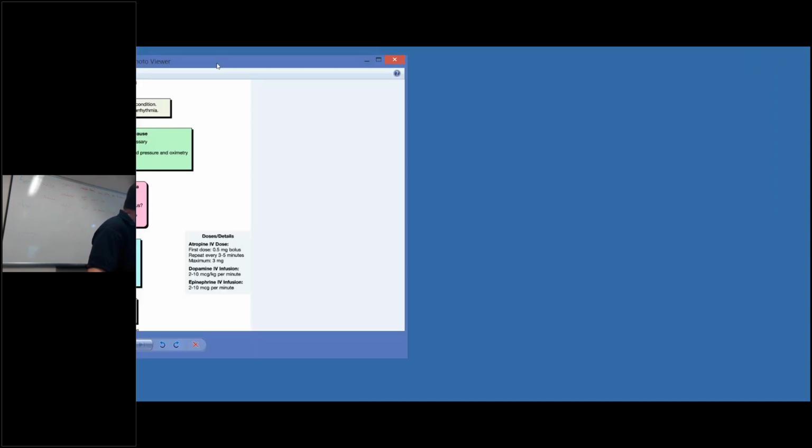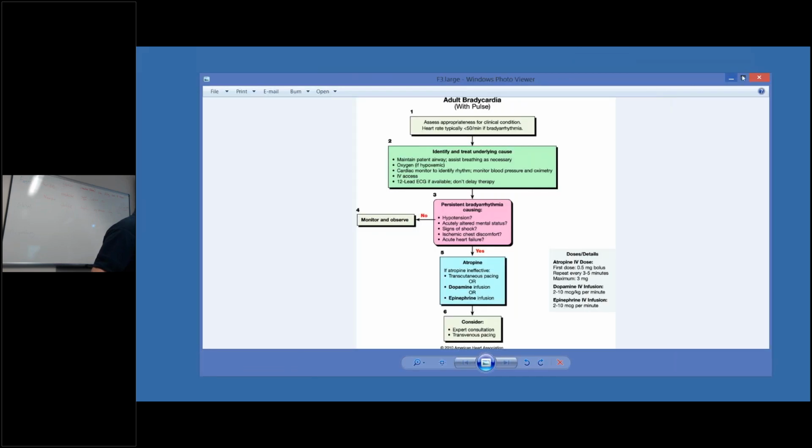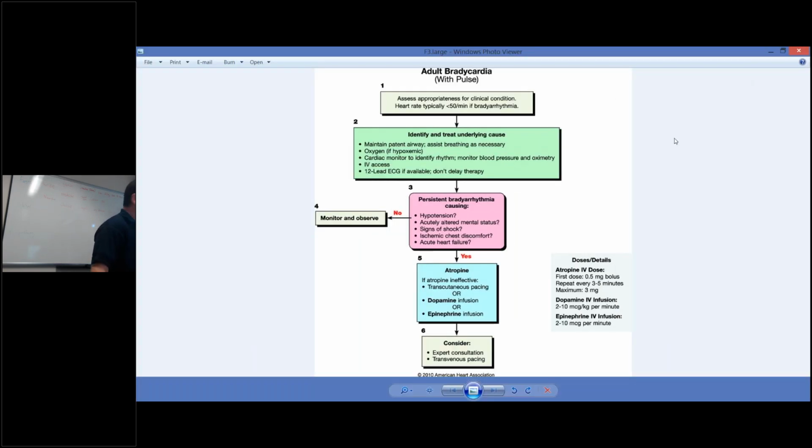All right, so my other aspect is my slow rhythm. And I actually only have one slow rhythm, and this is bradycardia. With bradycardia, what we have to find out is whether my patient is symptomatic or not. I can have a patient with a 50 heart rate who is completely stable and not symptomatic.